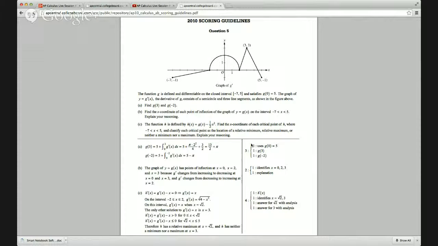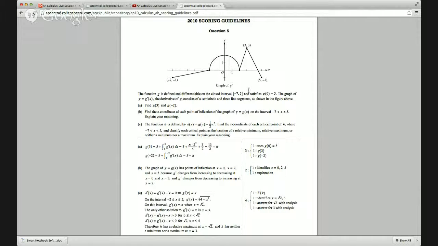All right. The function is defined and differentiable on the closed interval and satisfies the equation g of 0 is 5. The graph of g prime, the derivative of g, consists of a semicircle and 3 line segments as shown in the figure above. Find g of 3 and g of negative 2. All right. So key thing to remember is this is the derivative, not the function itself.